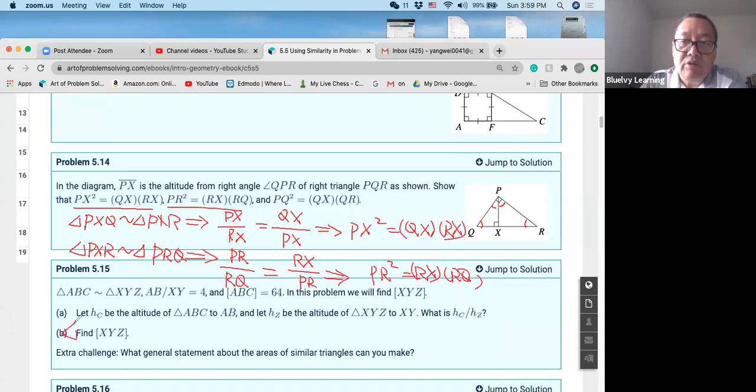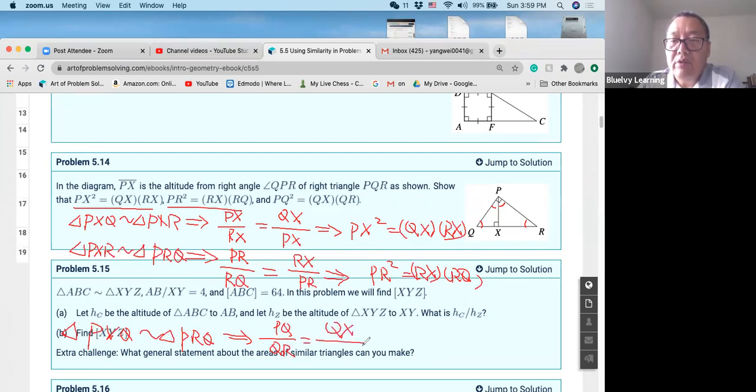Third one, triangle PXQ similar with triangle PRQ. Then from this, you can get PQ over QR equals QX over PQ. So from this, you can get PQ squared equals QX times QR. Just because we already know we have 3 pairs of similar triangles, we can get this ratio, then we prove this.